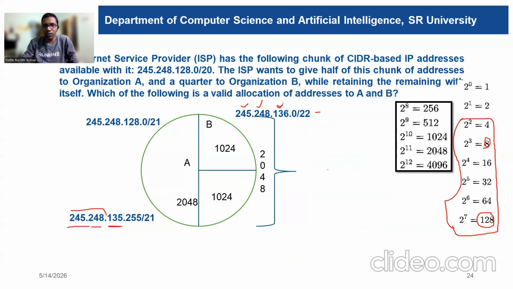So 6 bits taken from this 136. So 6 bits means 1, 0, 0, 0, 3 zeros and 1 0. Up to here network address. So remaining 2 bits can be used for the host address, and dot, this last byte is 0. So all zeros here I am representing in the binary. All zeros means totally 8 zeros.